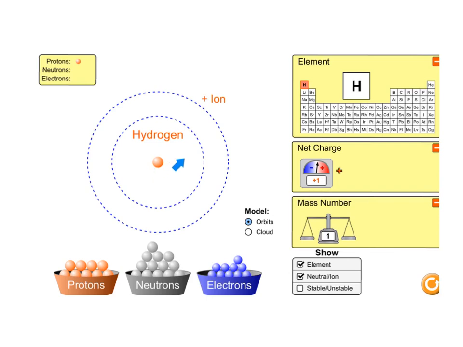Therefore, when hydrogen forms an ion, the electron that was in the first energy level gets removed. Energy needs to be put into the atom in order to do that. And in so doing, a hydrogen ion with a +1 charge results. And we write this as H+, or H+1.